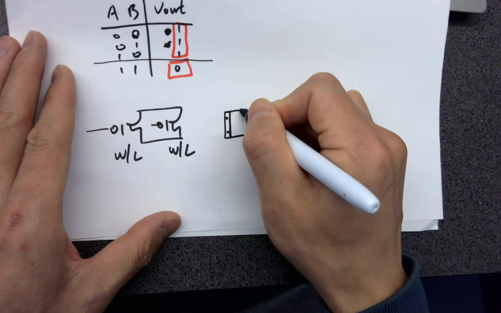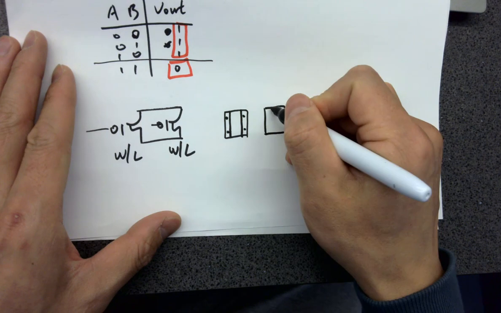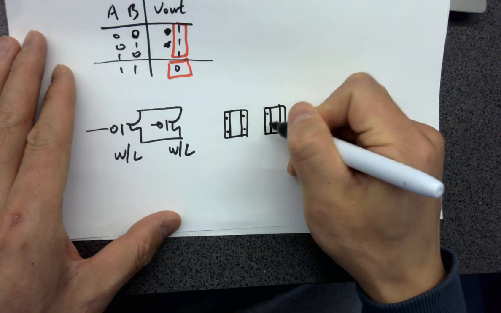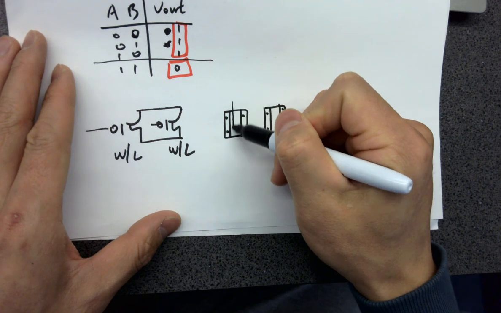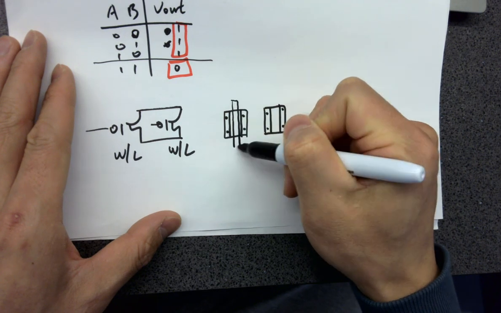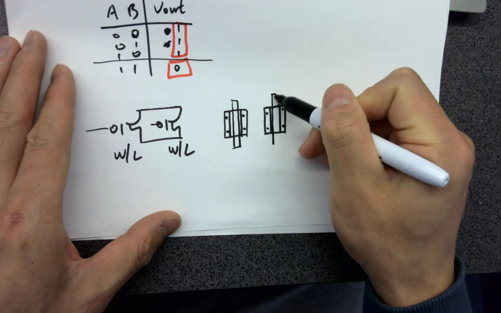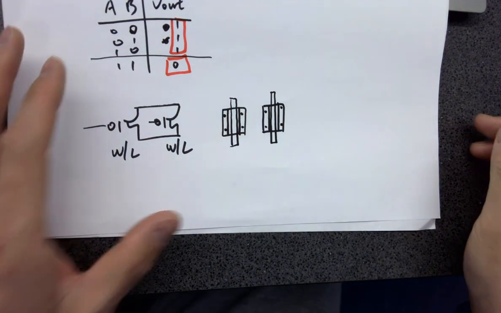These are the vias, and there's a channel in the middle. The drawing is weird, but you know what's going on here. So these are the two transistors.